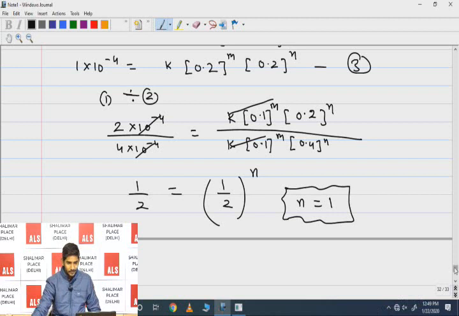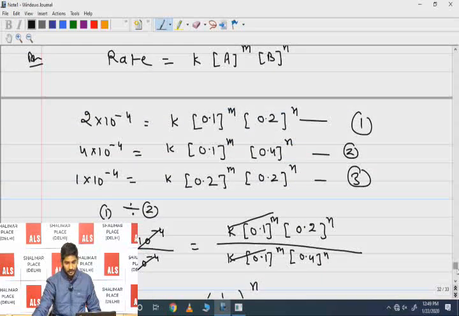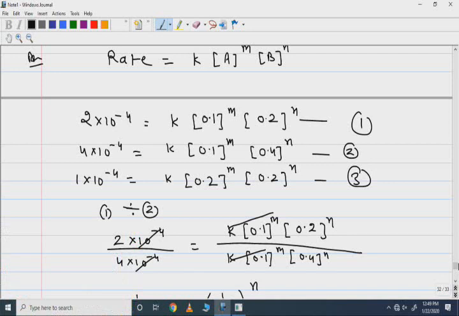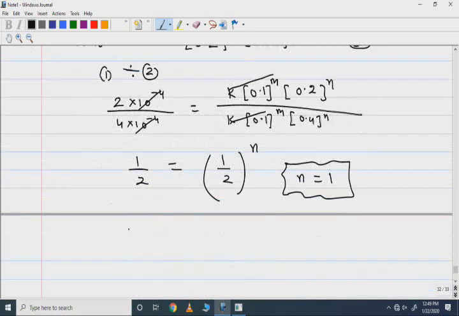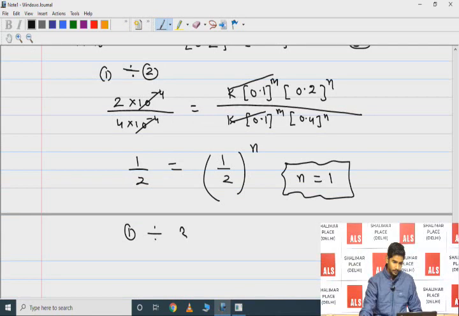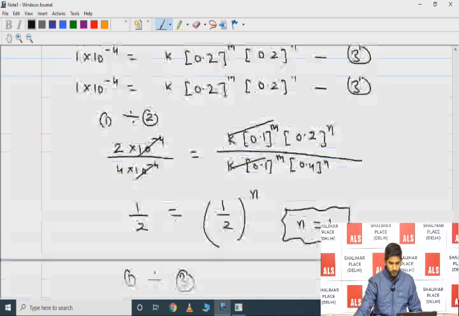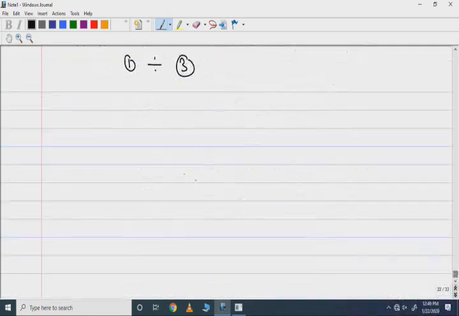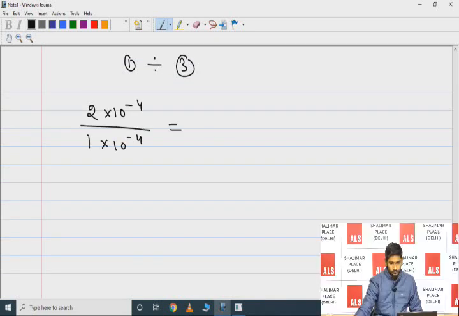Okay. Similarly, I have to pick another one, again two equations. So I'll choose this time 1 and 3. Now look at this, 1 dividing by 3. So this is 2 into 10 to the power minus 4 upon 1 into 10 to the power minus 4.